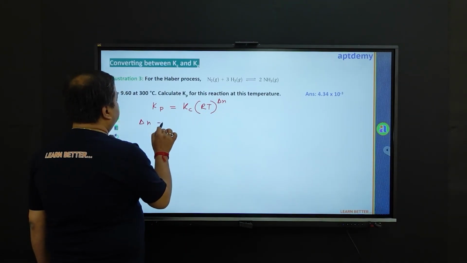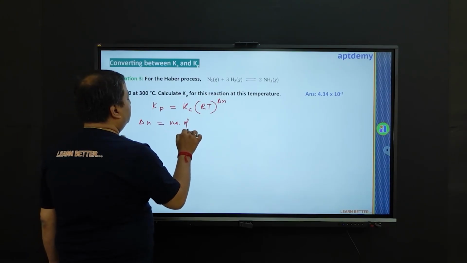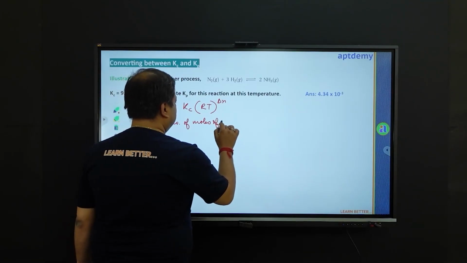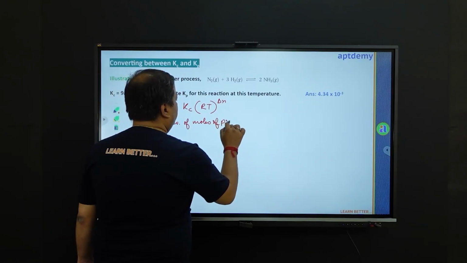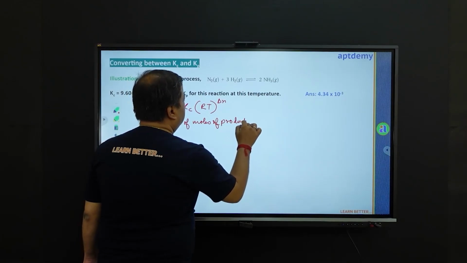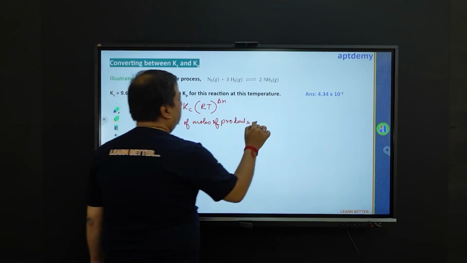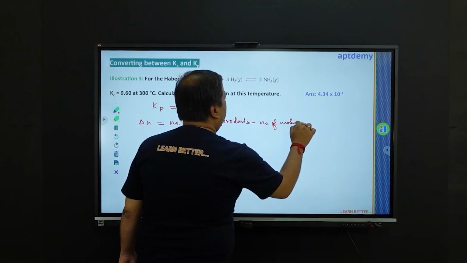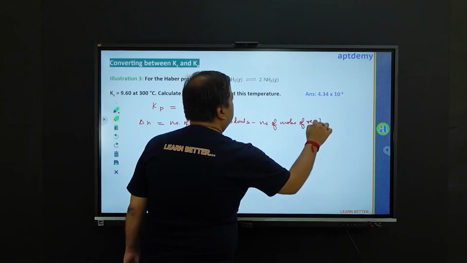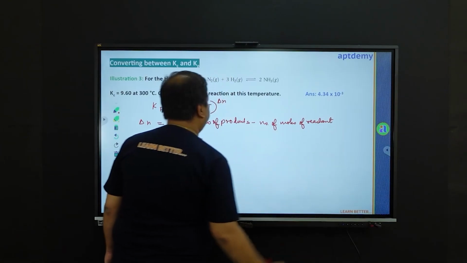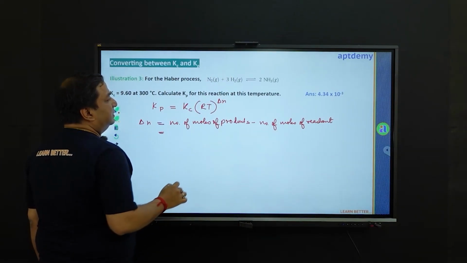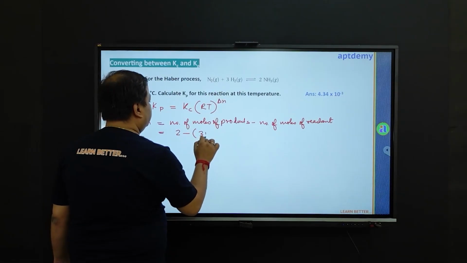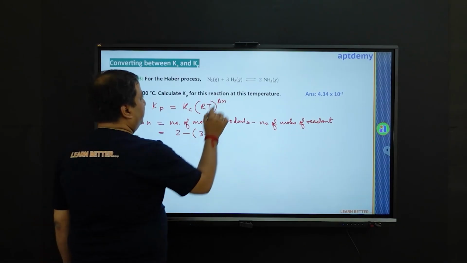So delta n is the number of moles of products minus the number of moles of reactants, and we can see it is 2 minus 3 plus 1, 3 for hydrogen and 1 for nitrogen.